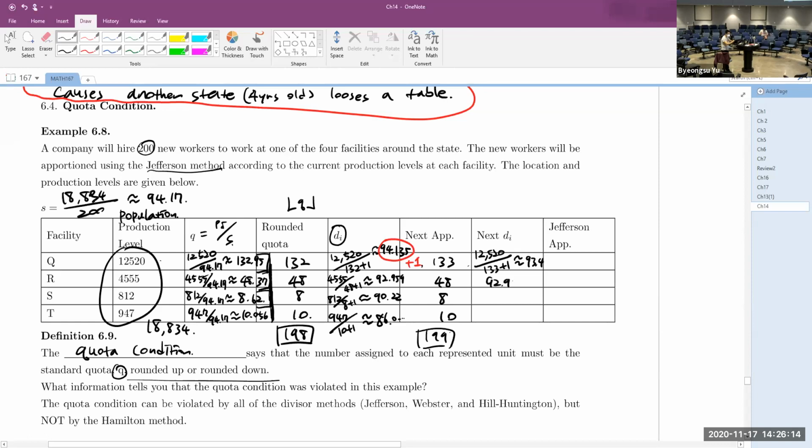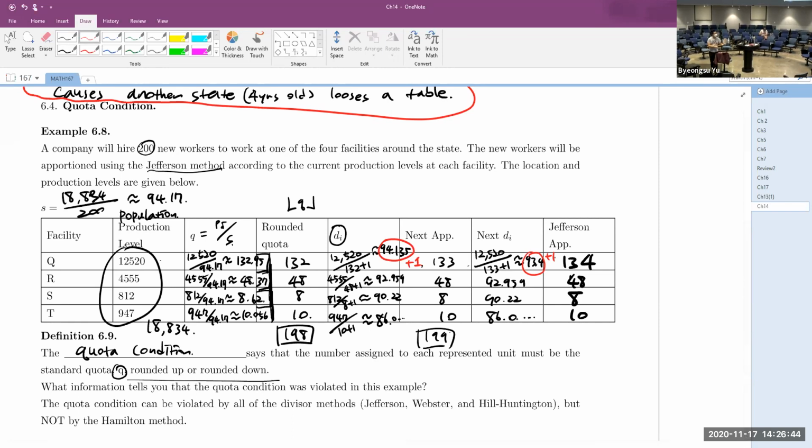All other numbers are the same because their apportionment is not changed. And again, this Q has the largest divisor. So the Jefferson apportionment should be 134, 48, 8, 10 by adding plus 1 again, right?